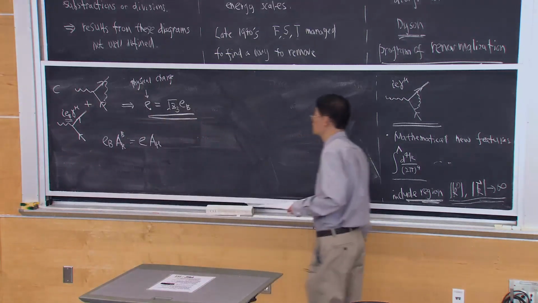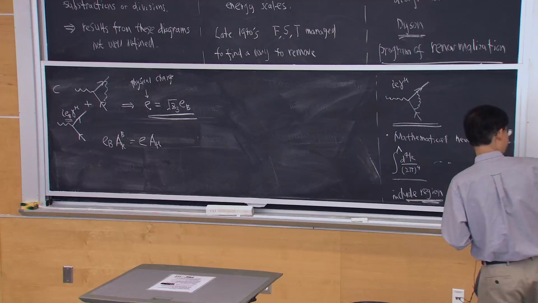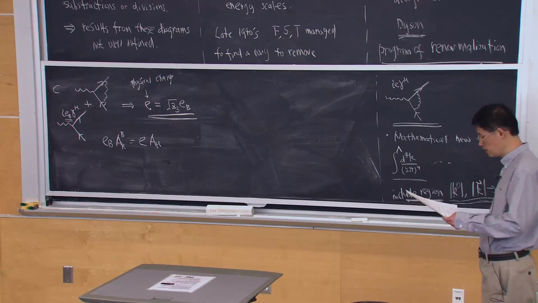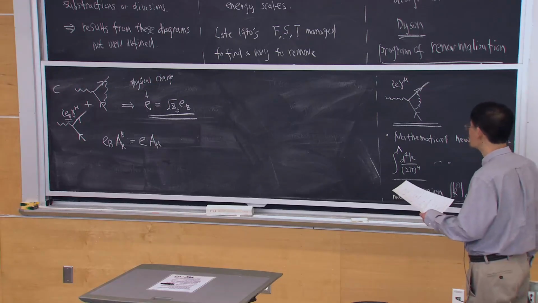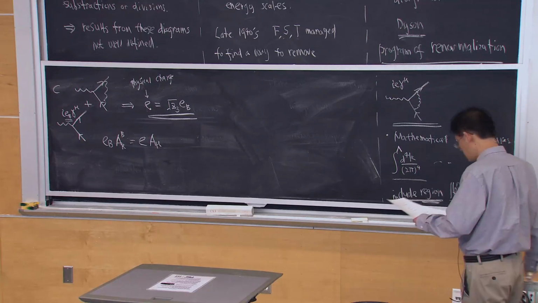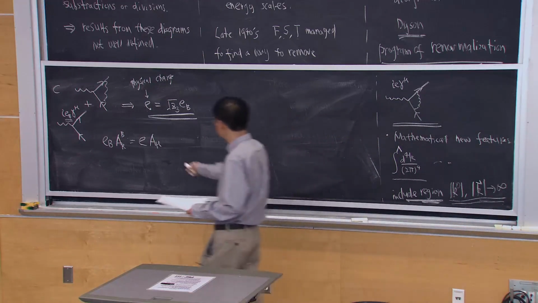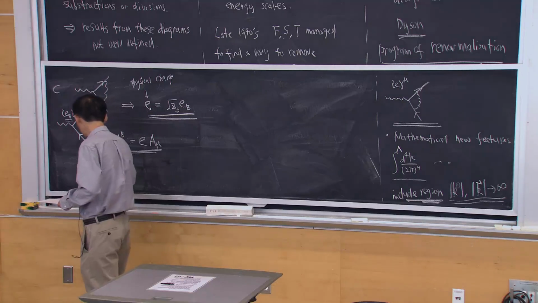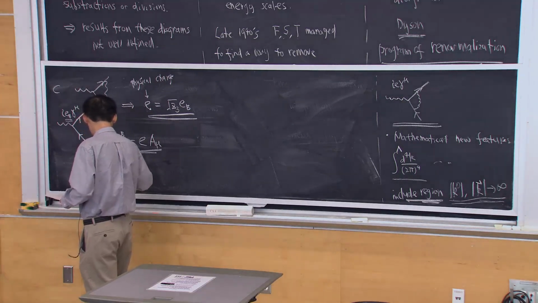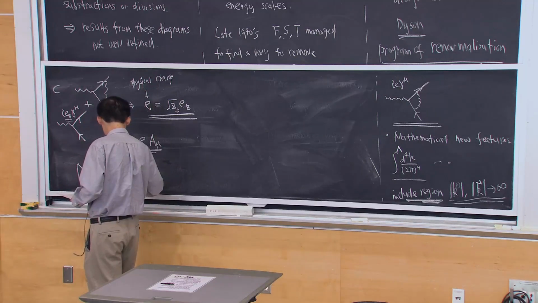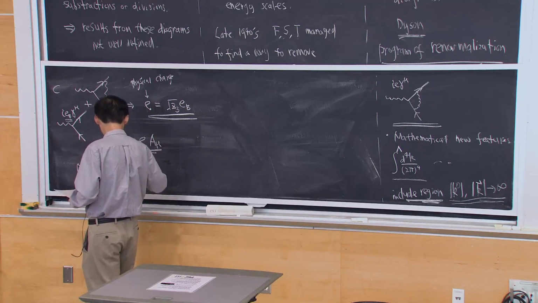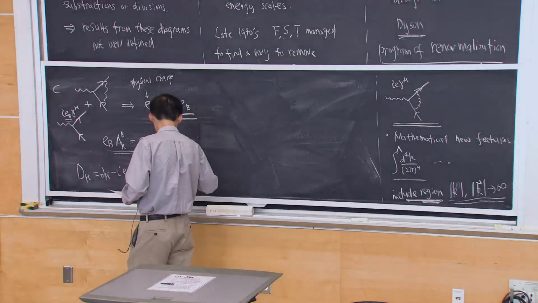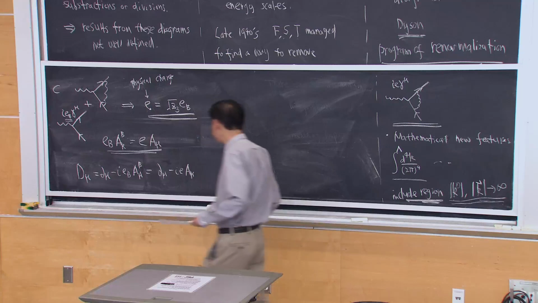So the product is the same, because the square root Z3 factors cancel. This is important because that means your covariant derivative does not change.